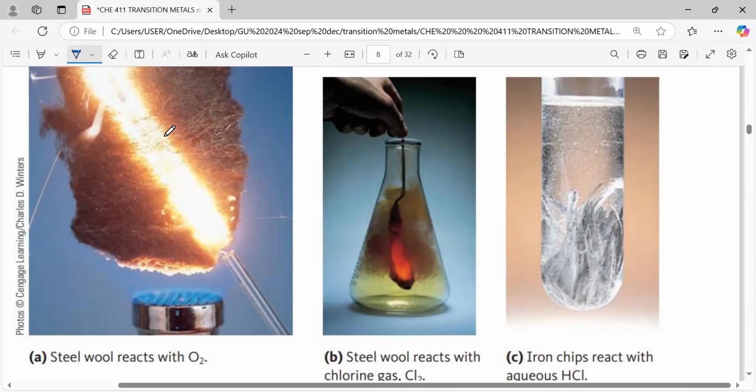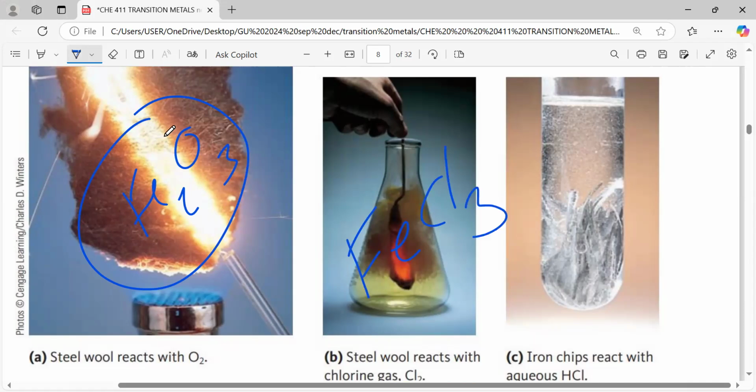And you can see they give totally different products. In the first case, we get iron oxide, almost iron 3, because there's a lot of oxygen. Here, chlorine is a strong oxidizing agent, so we shall get iron 3 chloride.